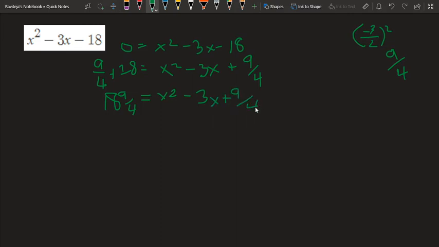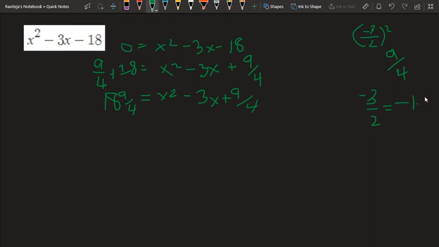And now we have to get to the trickiest part of this problem, which is just factoring the right side. If you take a look closely, you want to look at our b over 2 squared. You notice that negative 3 over 2 is what we get to then square it to get 9/4.